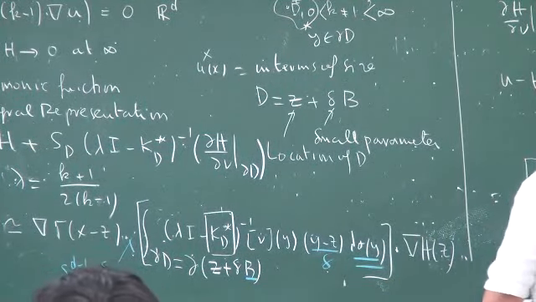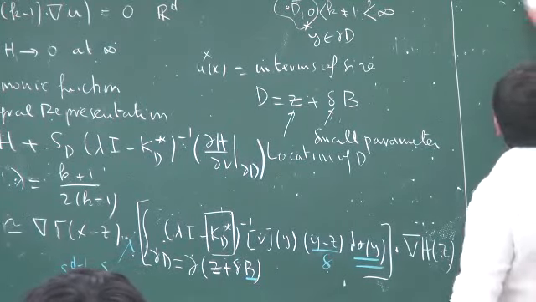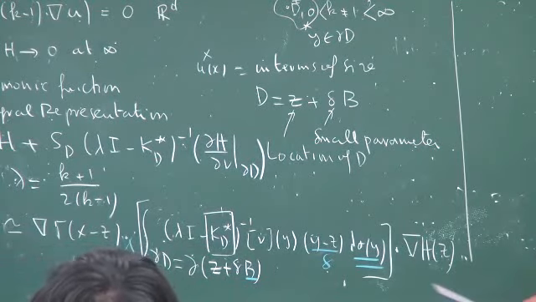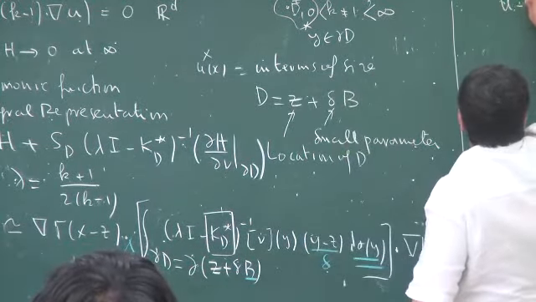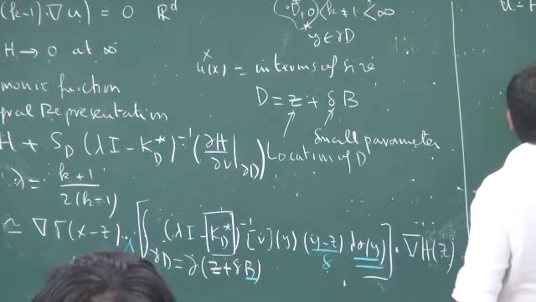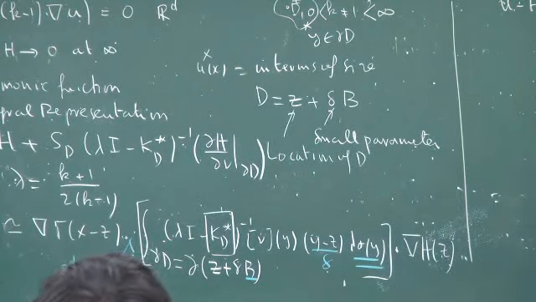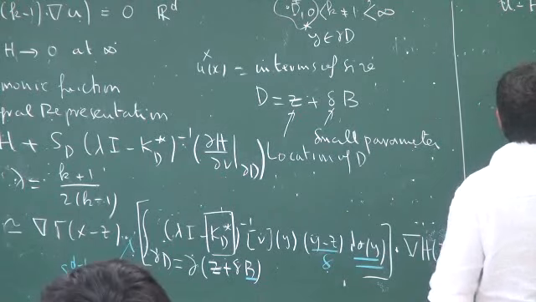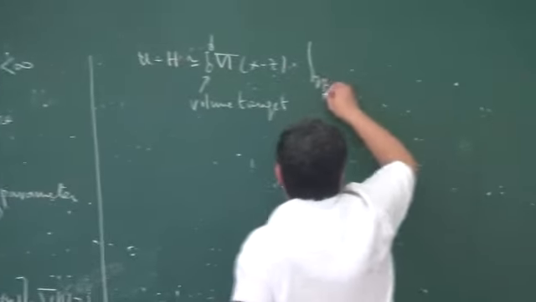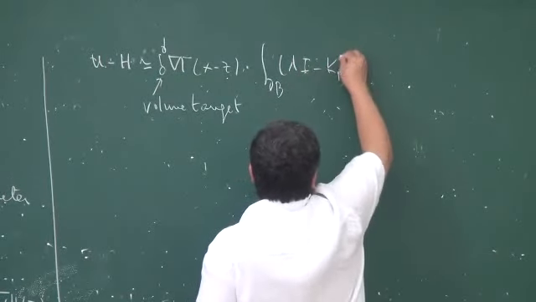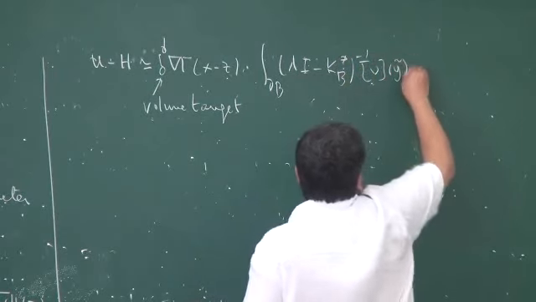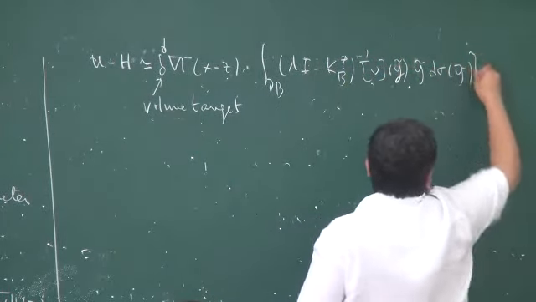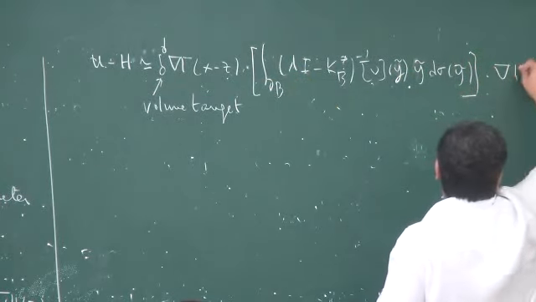So this guy, u minus h, is approximately gradient of gamma x minus d times delta d, the volume of the inclusion, volume of the target, times the sum on dB of lambda a minus kb star minus 1 of nu y tilde d nu y tilde d sigma y tilde, I will call it something, and times gradient of h at d.